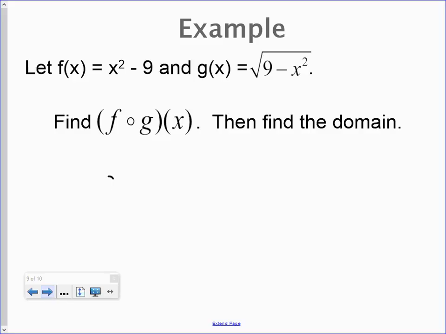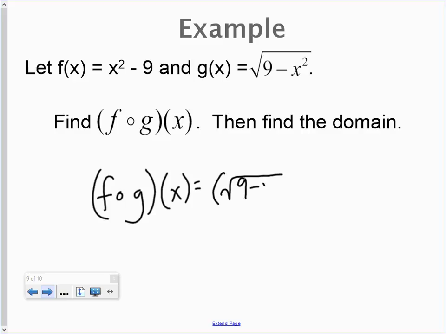So f of g of x is equal to, instead of saying x squared, I'm going to replace x with the square root of 9 minus x squared and square it. So that is getting substituted for my x and being squared, and then I still have to write minus 9.